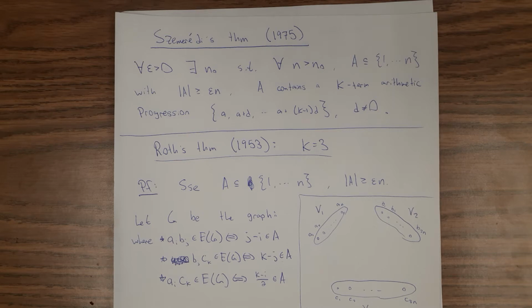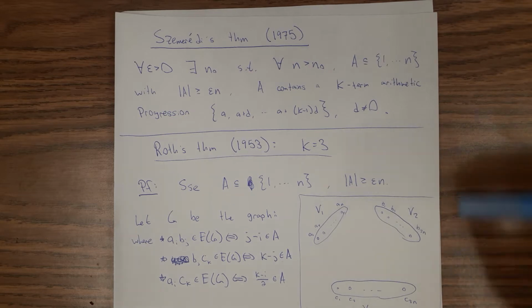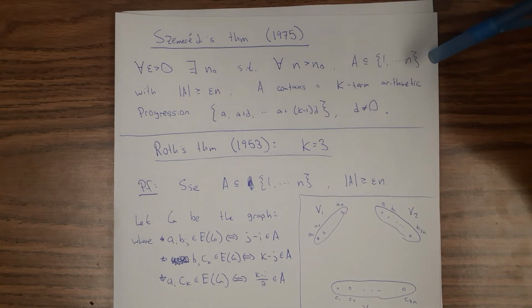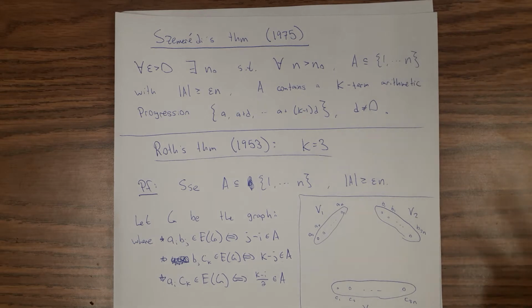So what would be the analog if we were talking about sets of integers? We would ask a question such as, how many integers can I choose from 1 to n before I am forced to contain a certain nice substructure?